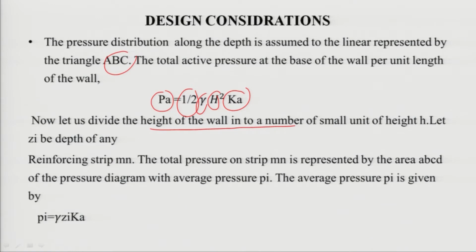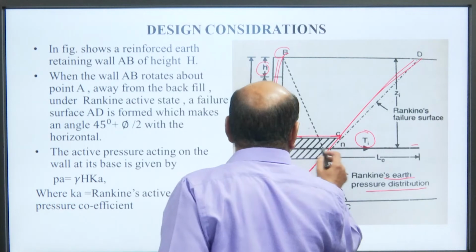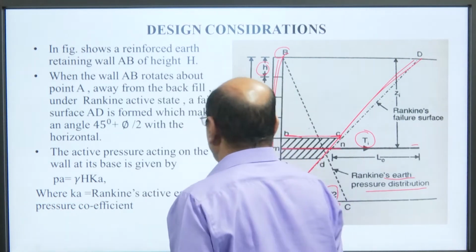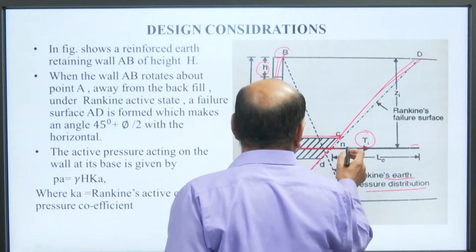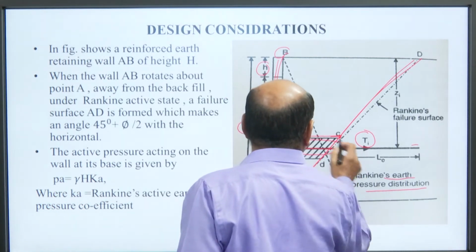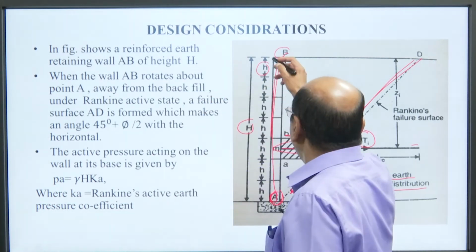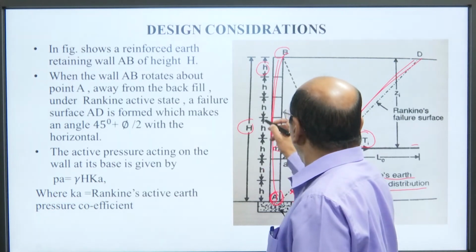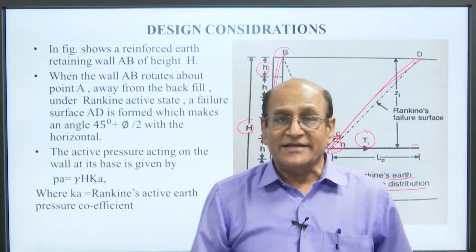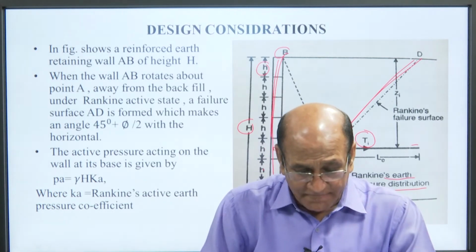So, we can go back. So, this is the MN, this is the reinforcing element. And this is divided into h of different layers. This is 1, 2, 3, 4, 5, 6, 7, means 7 layers are divided.